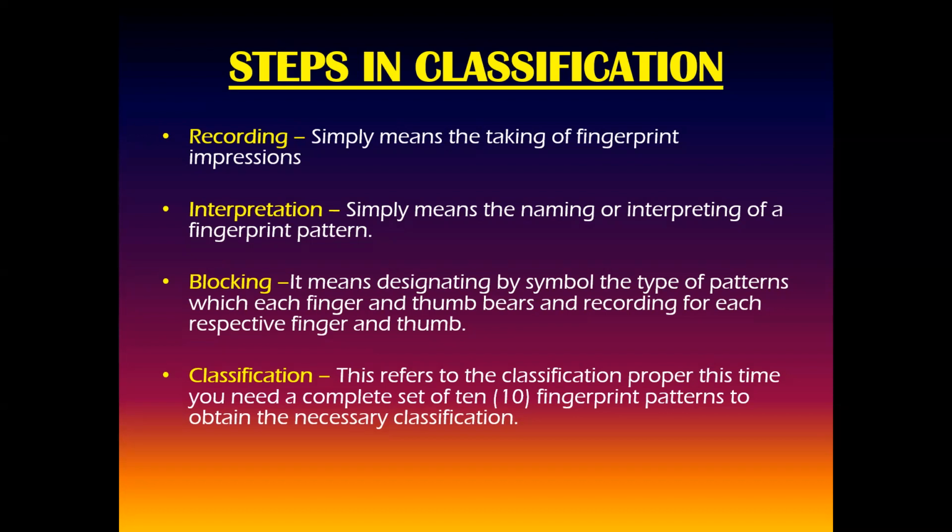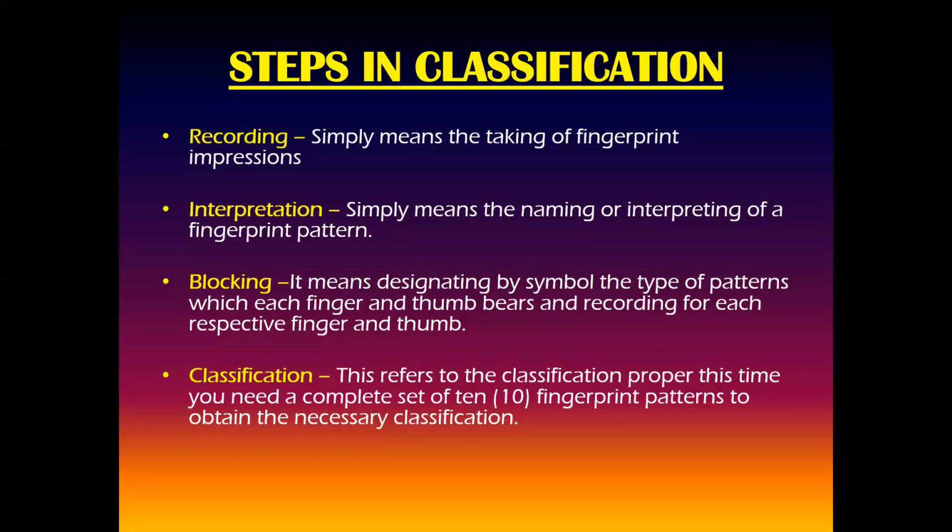After recording, the fingerprint technician will have to interpret these patterns, name them, and assign the corresponding values for each pattern. Then you do the blocking, from which you designate the symbol assigned for each pattern. For the so-called blocking, we have some rules to follow. After which, we are going to classify them.